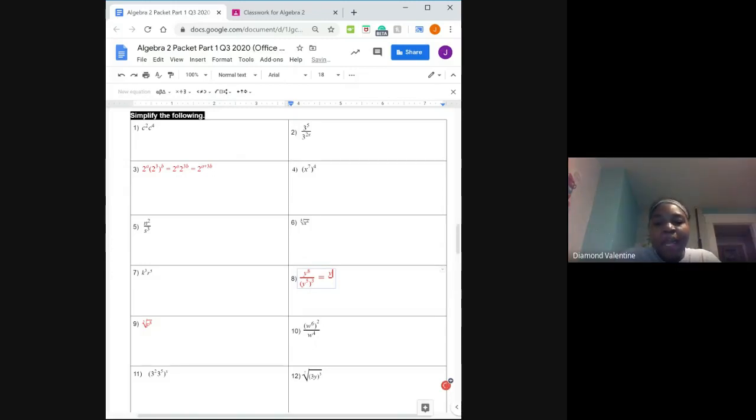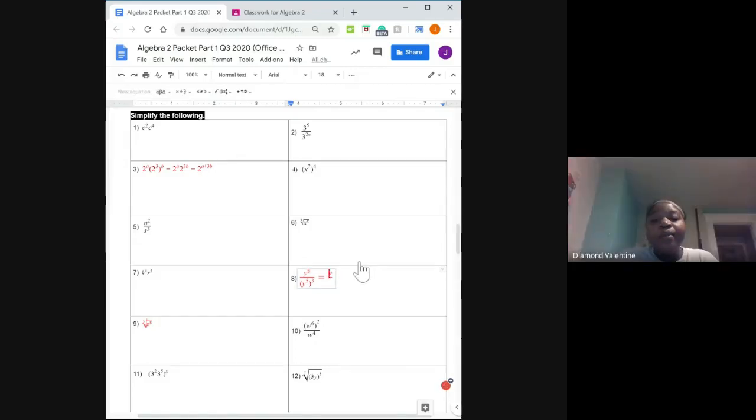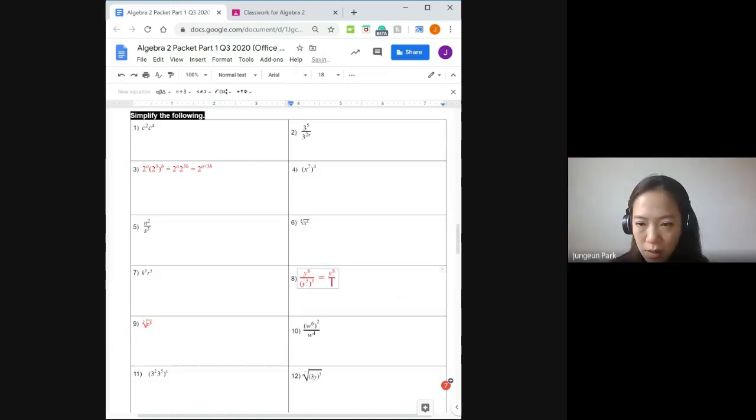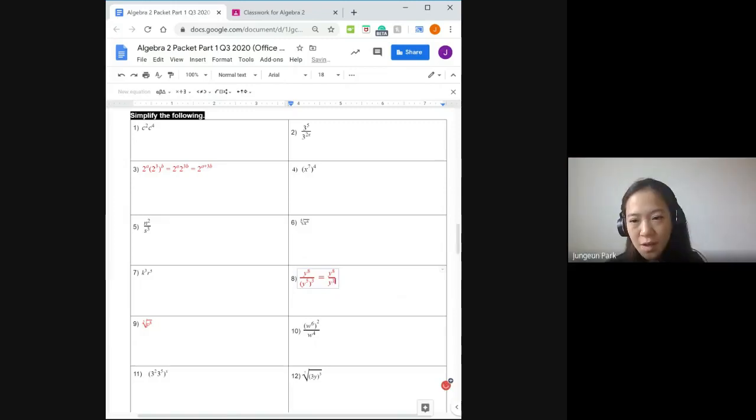You would keep the y, so it would be y to the 8. And what about the denominator? What do you do with this? You would keep the y, but 5. Oh, wait, you're multiplying that. Oh, it would be y to the 8 over y to the 15th. 15 is right. You have to multiply them.